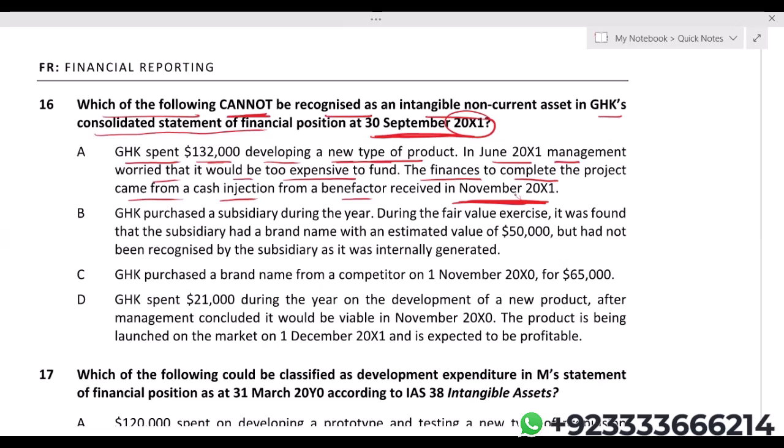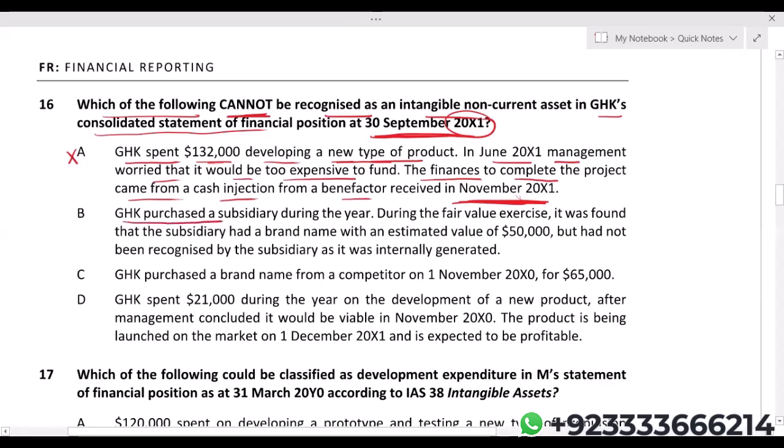They have arranged the finance, but the arrangement was made after the year end. And we have been asked which one of these four statements cannot be recognized as an intangible asset at 30th September X1. So obviously A cannot be recognized as an intangible asset because at 30th September X1 the funds were not available. Now let's read the others as well.